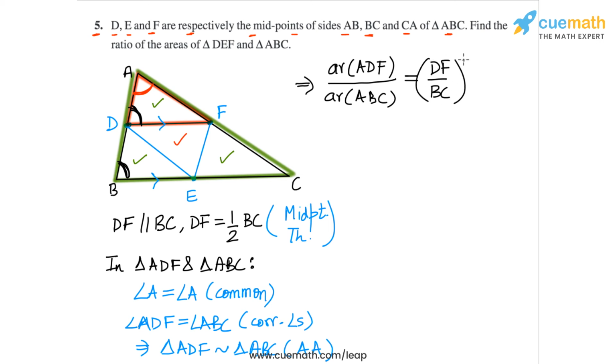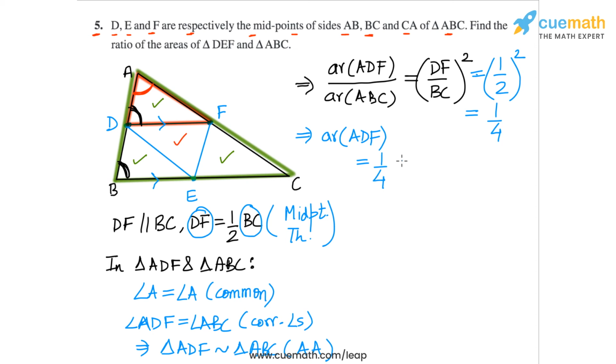So DF by BC whole square. But DF by BC is simply half, because DF is half of BC, so we get half square, or we get 1 by 4, correct? So from here we can say that the area of ADF is equal to 1/4 the area of triangle ABC.